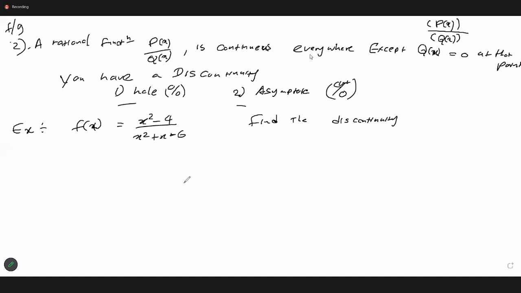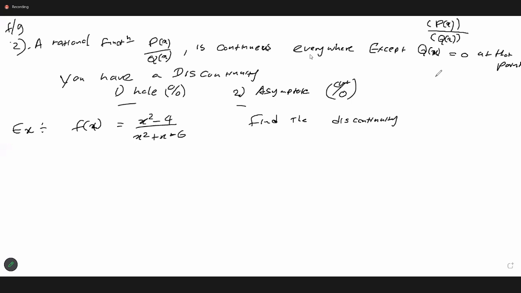Okay. Let's check the answers. When x equal 3, and the answer when x equal 2. Test. Any discontinuities may happen due to the denominator part, that means qx equals 0, right?